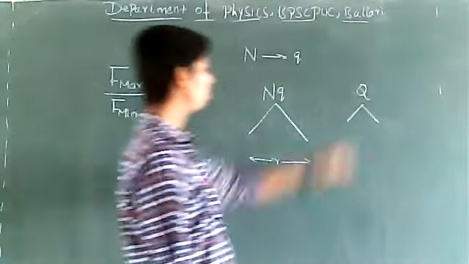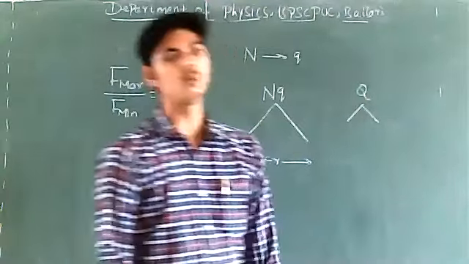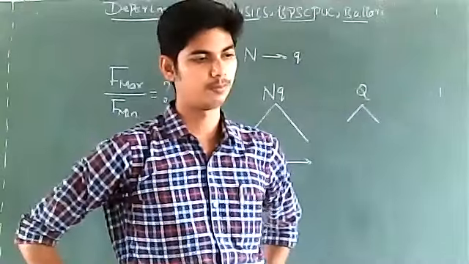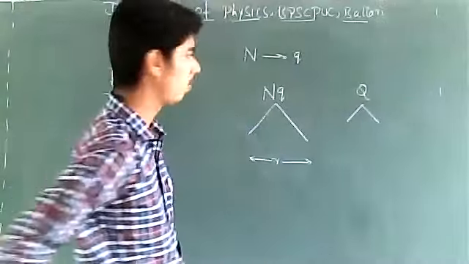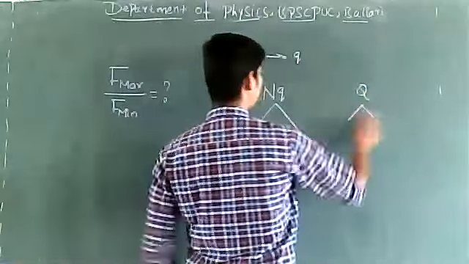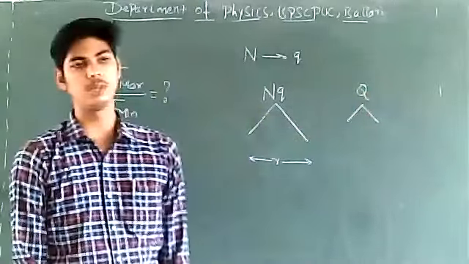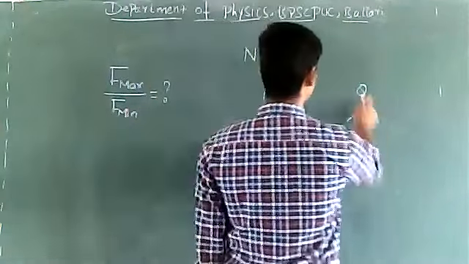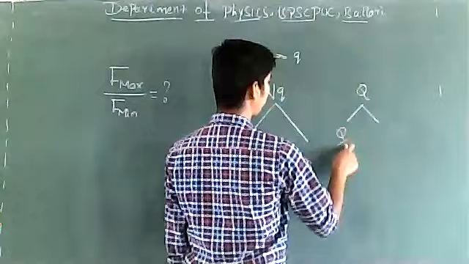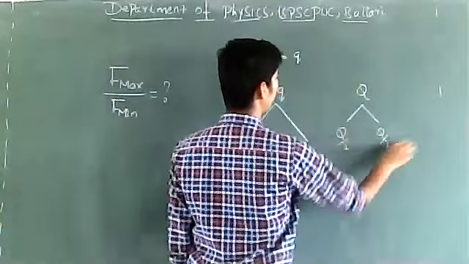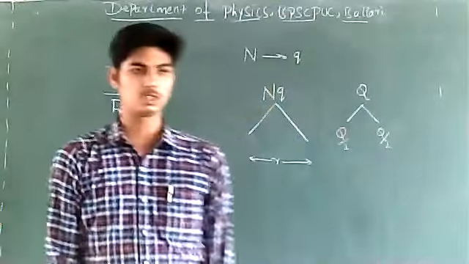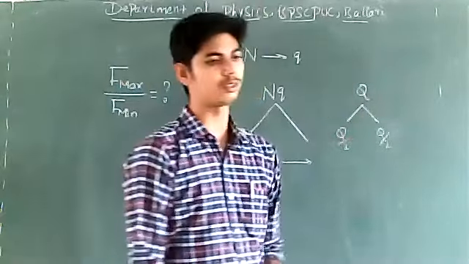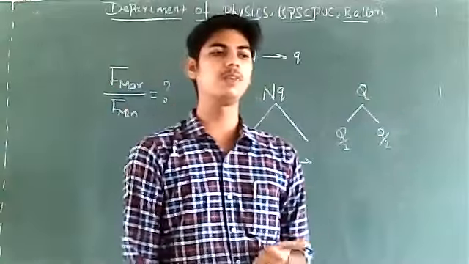The charge Q must be equally divided into 2 parts, say Q by 2 and Q by 2. If the charge Q is divided into 2 equal parts, then the force between them will become maximum.